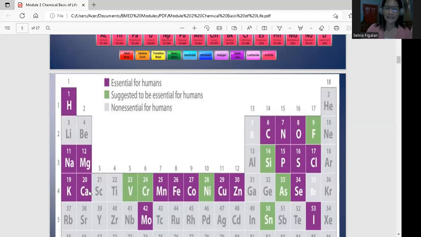This one is calcium. Calcium helps to make our bones healthy. About sodium, it is necessarily inside our body, but in a minimal amount. How about potassium? Potassium is one of the components that helps to contract our heart.